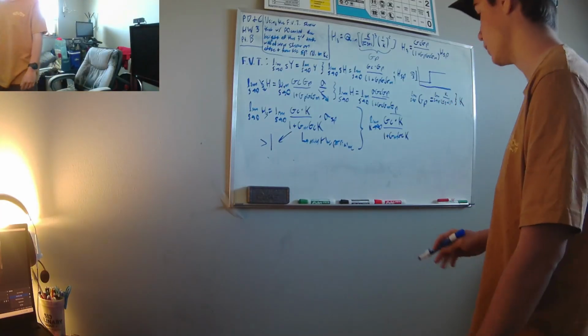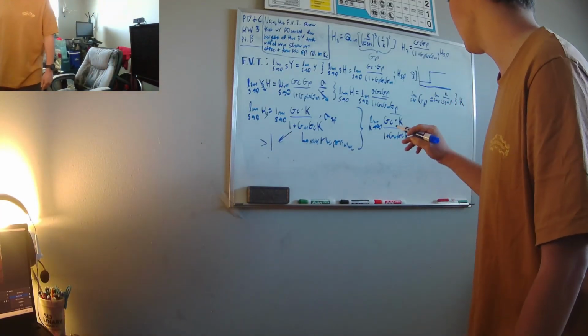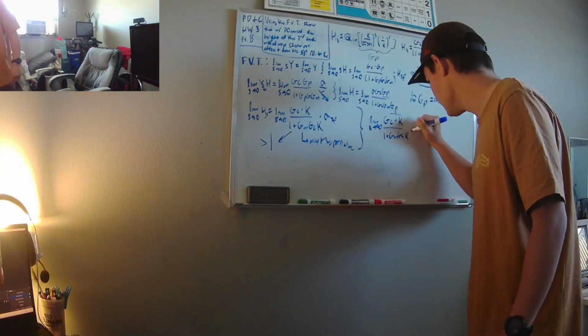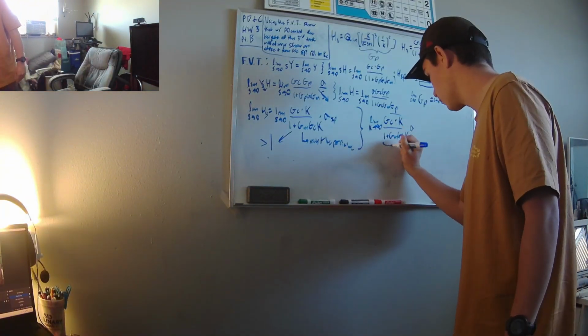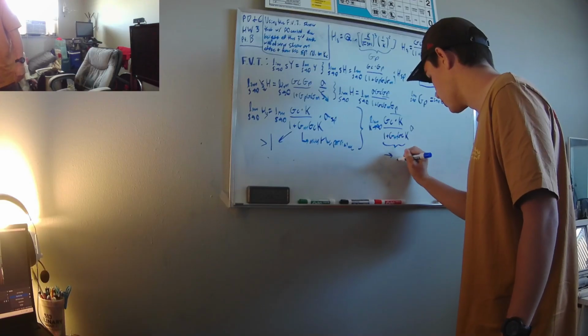It's just adding 1 to a humongous number as our K increases, meaning that this value approaches 1.